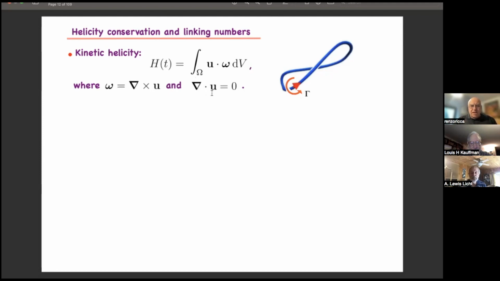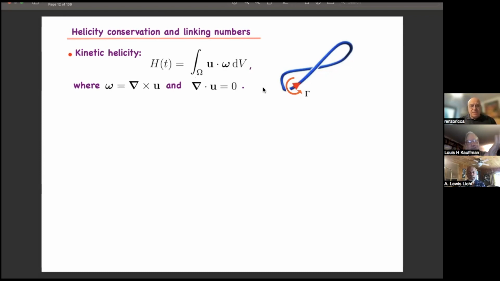That is not strictly necessary, but is just a simplification in our approach. Now, kinetic helicity, this is the classical definition, has been proven to be conserved by Moreau, 1961. And similarly, magnetic helicity, if we replace u and omega with the vector potential of the magnetic field and the magnetic field.